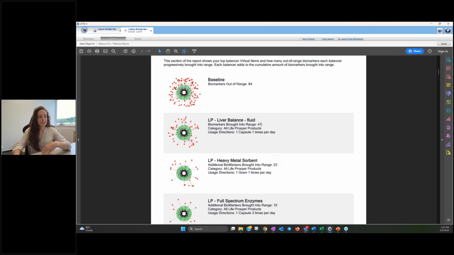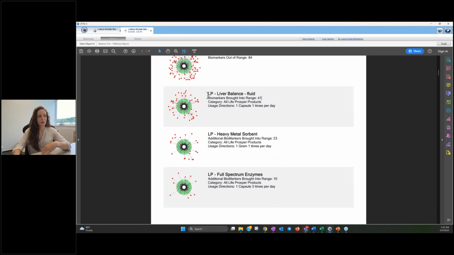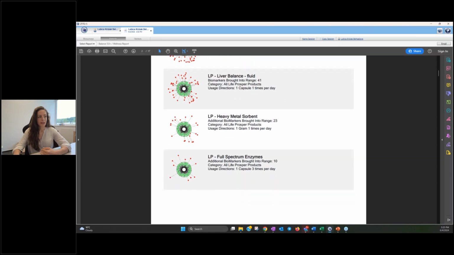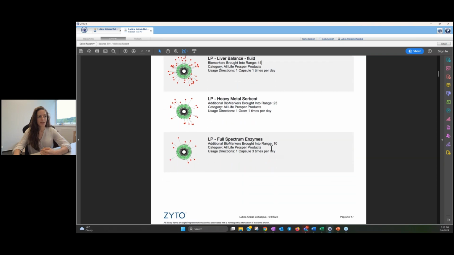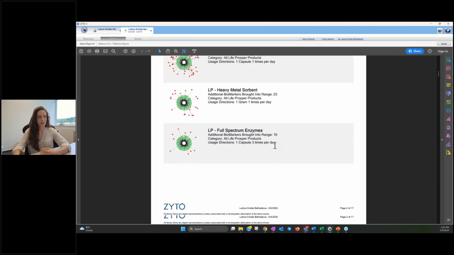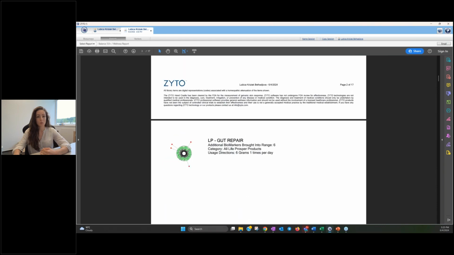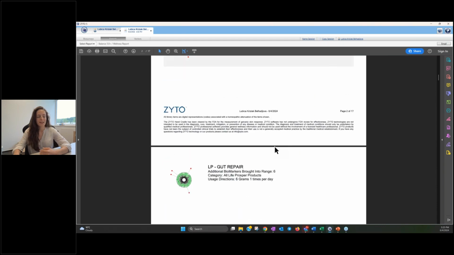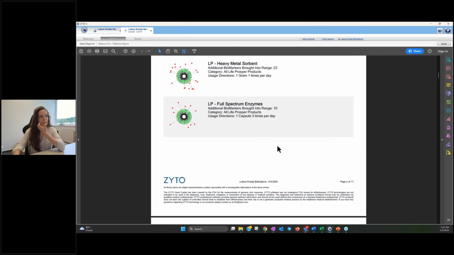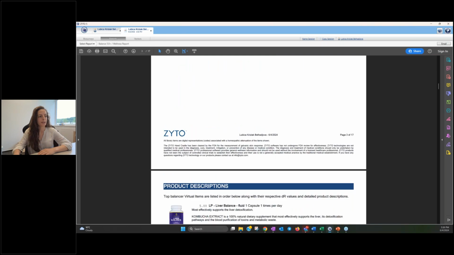But the next thing you can see here is that if I use the first one and I add the second one, the heavy metal sorbent, it is going to add an additional 23 biomarkers back to normal. And if I add a third one, it is going to add an additional 10 biomarkers. So of course, the ideal situation would be to take all of them. In case your client is on a budget, you can focus on the most effective ones, and we are going to talk about that a little bit later.